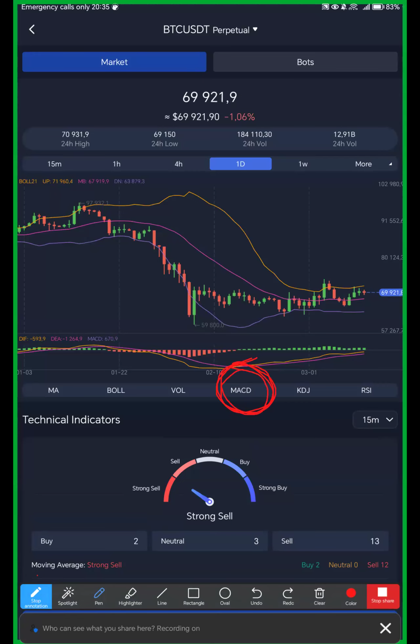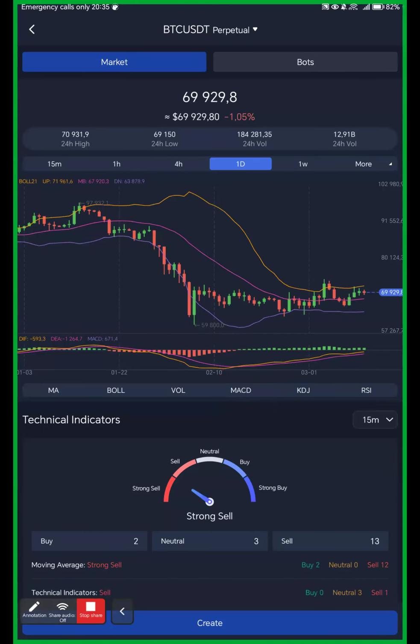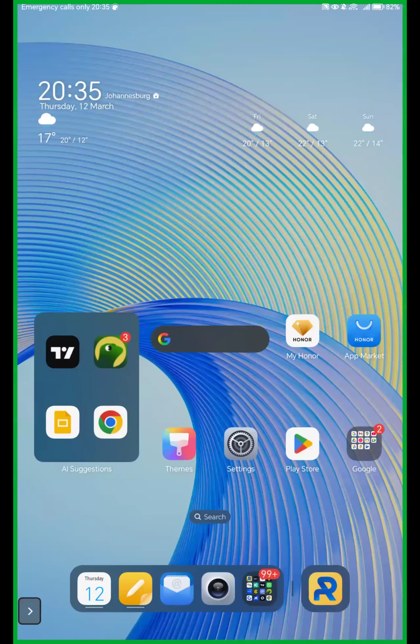I'm not going to use the Royal Q platform to explain MACD because here I'm a little bit limited. For example, to enlarge the screen and do some of the stuff, I'm not going to be able to do it here. So I'm going to take you to a platform called Trading View.